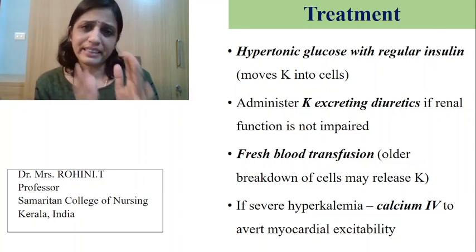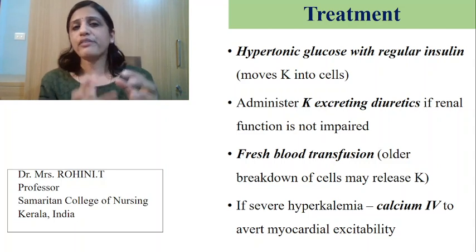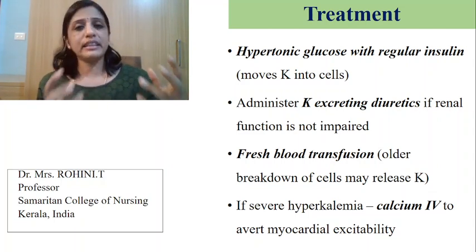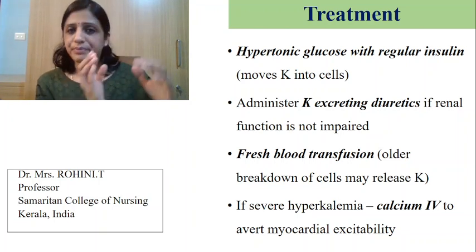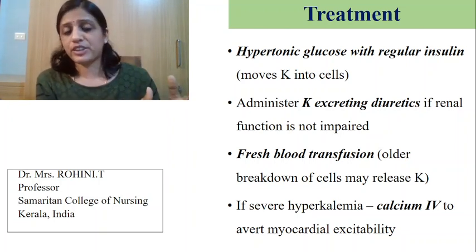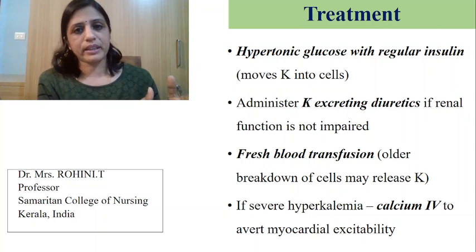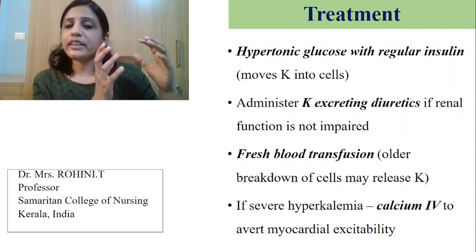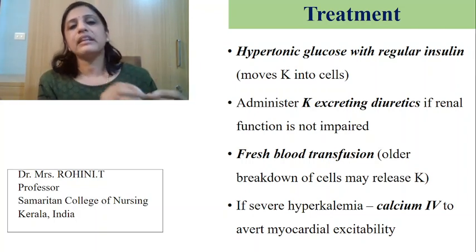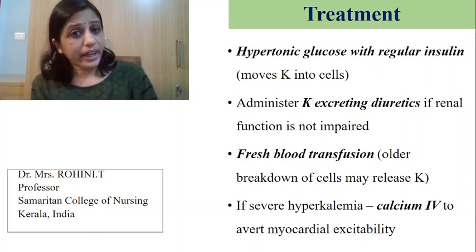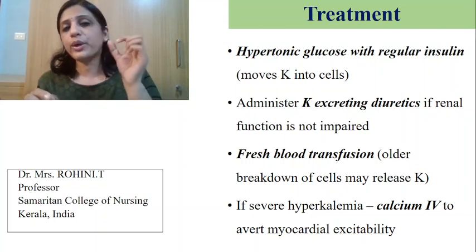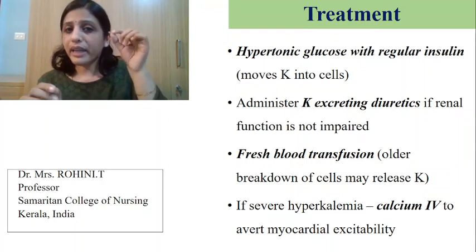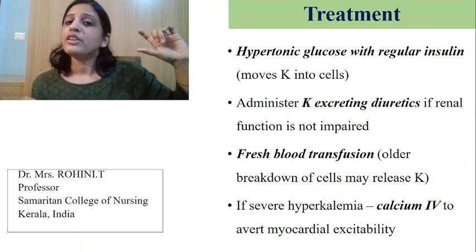It is not like a treatment, but if a patient with hyperkalemia is in need of, say, a blood transfusion, we should remember that fresh blood should be transfused. Why? Because in stored blood, the blood cells can break down, and each cell, when breaking down, releases potassium. So there will be high potassium in stored blood.